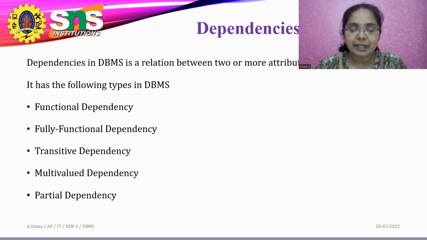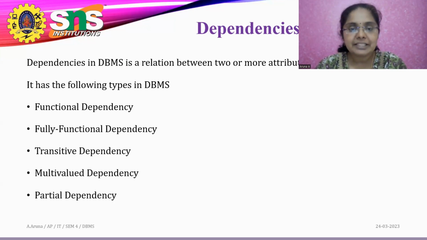So employee name is functionally dependent on employee ID, because employee name can take only one value in the given table by using an ID. For example, if I call out employee ID 01, only one person can be available in that particular table. So we call this functionally dependent.